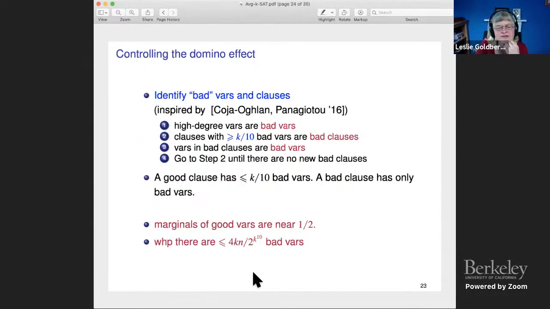The important point of all this is two things. The marginals of the good variables turn out to be near half. Well, that's kind of by construction, because good clauses don't have many bad variables. And also, there aren't that many bad variables. Well, there's a linear number, but it's a small linear number, so we're going to be able to deal with it.